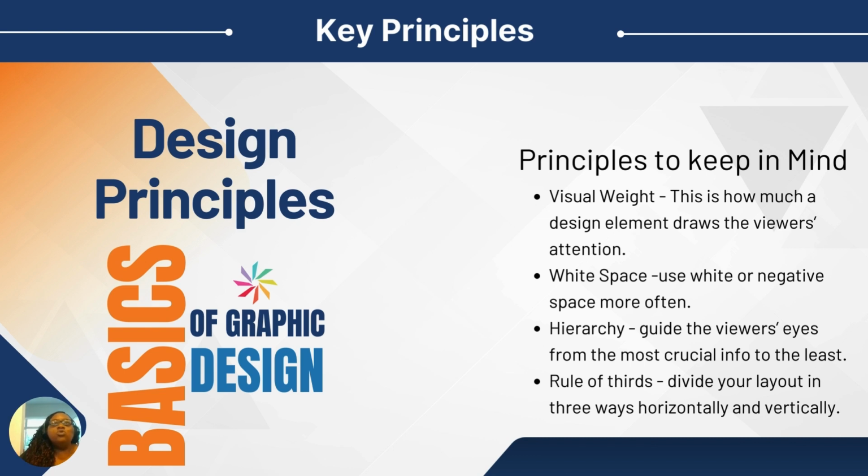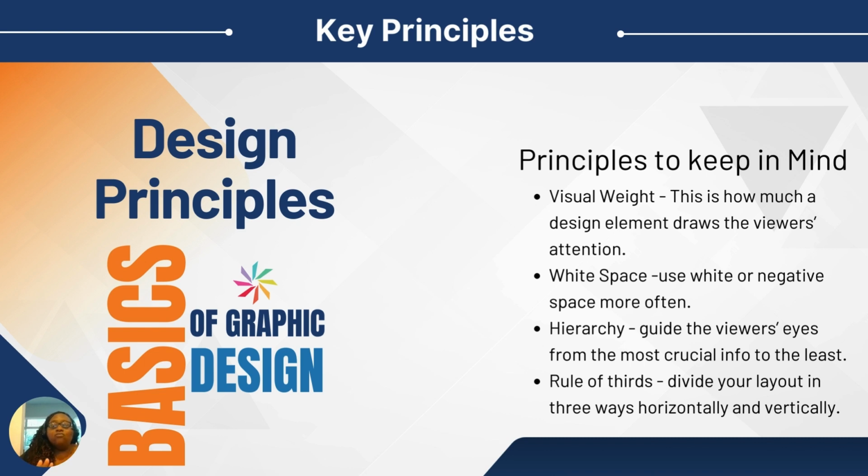They use the rule of thirds when it comes to photography. You want to make sure that the subject you're filming fits in one of those areas. Same with graphic design. So you want to divide your layout in three ways, horizontally and vertically. All right.